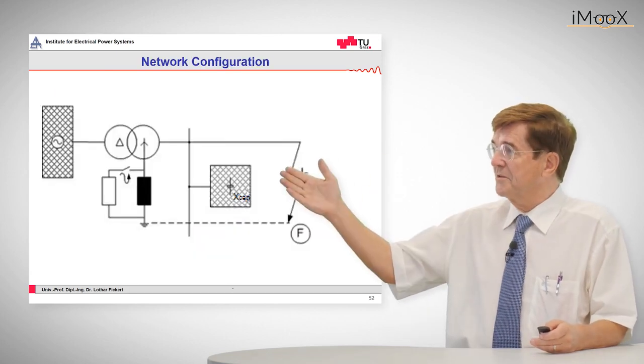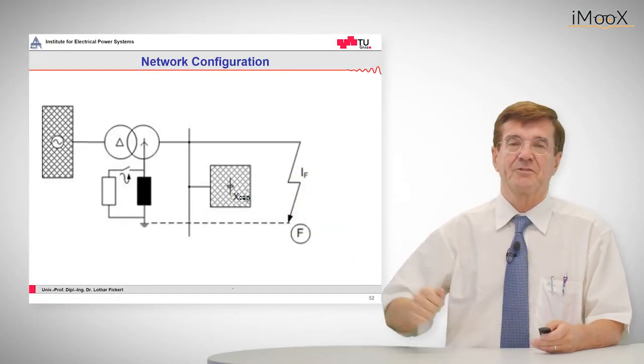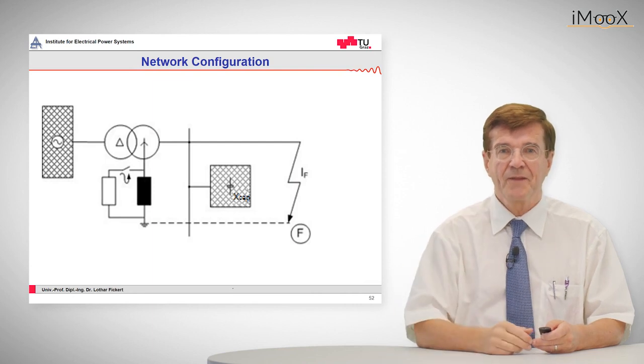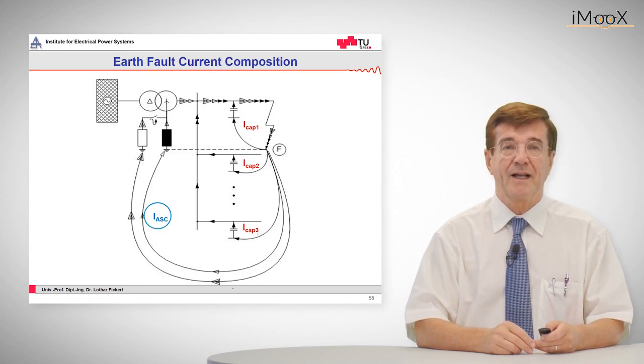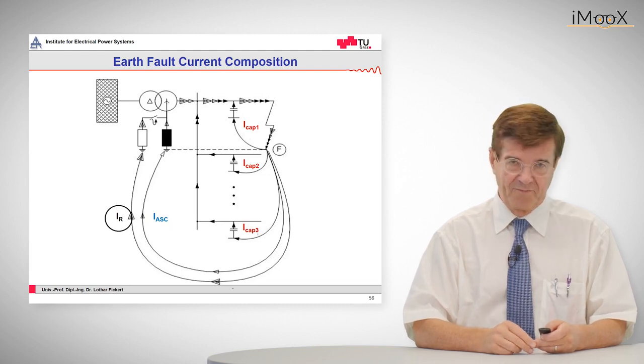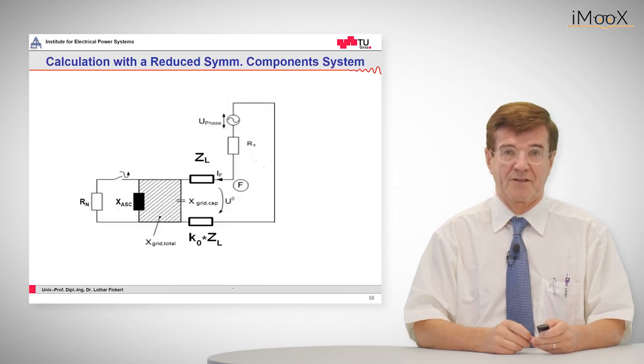Again, the network configuration. Now note that at the far end of the network we have an additional resistor which is switched on and off. And again we have these components, capacitive, reactive, and here an additional resistive component. All these three components make up the final fault current.